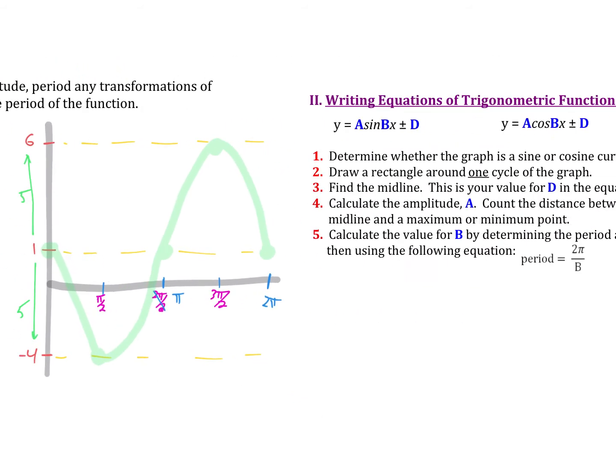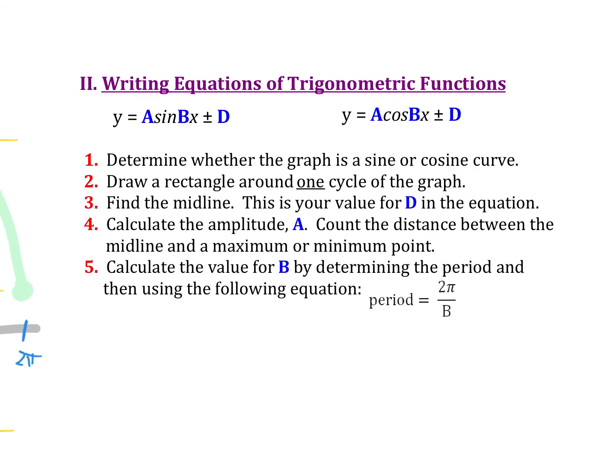All right, now let's go backwards. Let's start with a graph and figure out what function creates that. So let's start with a picture of the graph and then write the function for it. When we do this, we're going to have to isolate part of it. So typically, I like to draw a little box around the part that I care about.